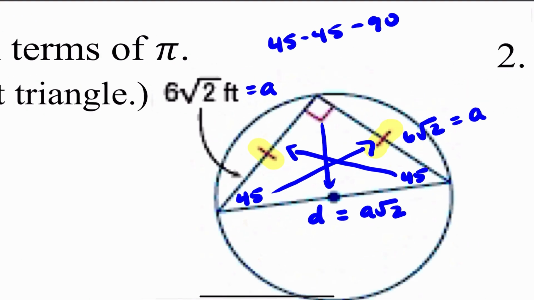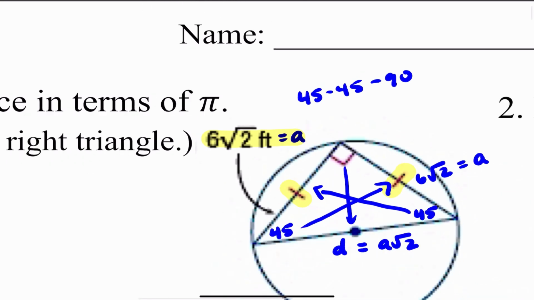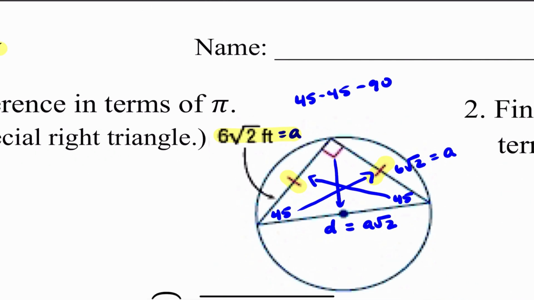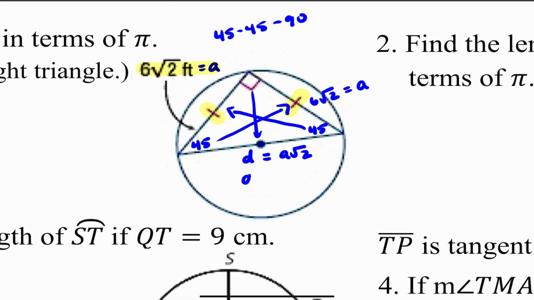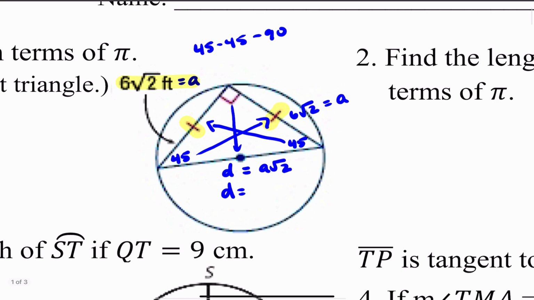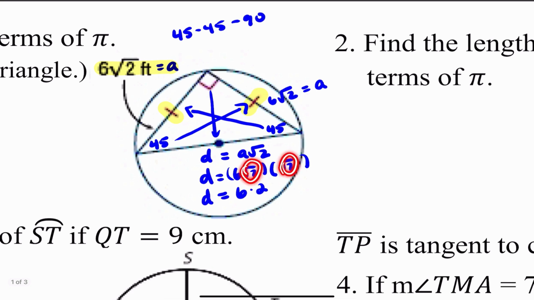Well, note that A is equal to 6 root 2. That means that D is equal to 6 root 2 times root 2. Therefore, D is equal to 6 times 2, because root 2 times root 2 is 2, and you multiply that by 6. So D is equal to 12, and that's our diameter.